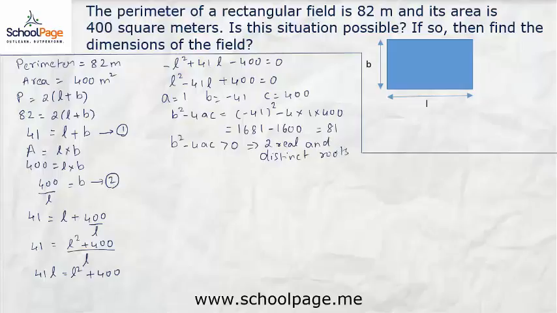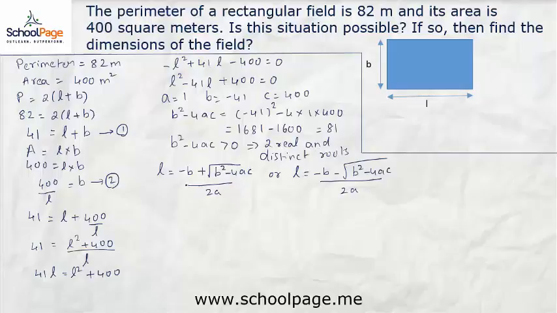Now let us also find the roots of this equation so that we can find the dimension of the field. Now to do this, we know that the roots of the equation will be given by the formula L equal to (minus b plus square root of b square minus 4ac) upon 2a, or L is equal to (minus b minus square root of b square minus 4ac) upon 2a.